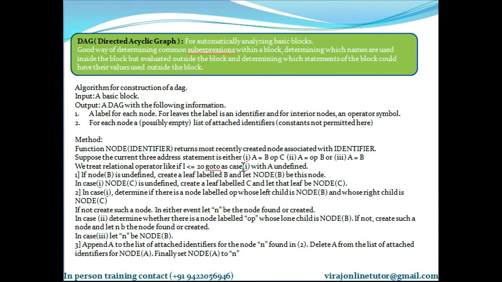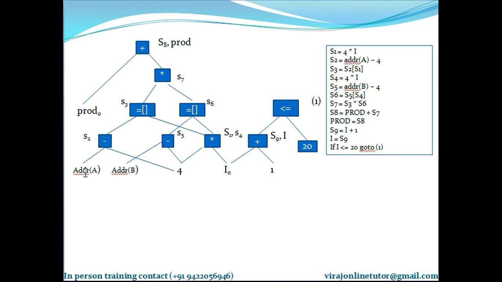The node could either be a leaf node labeled by that particular identifier, or it could be an interior node with that identifier on its attached identifier list.